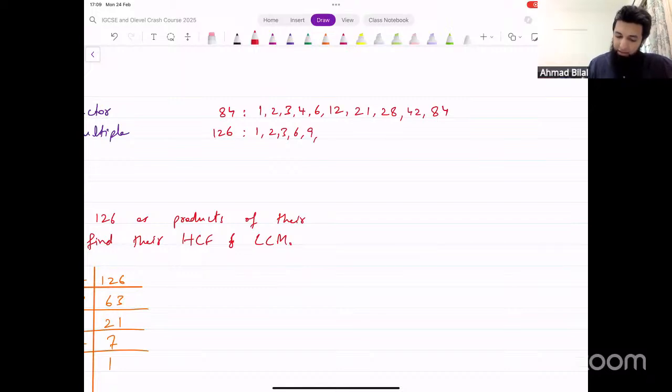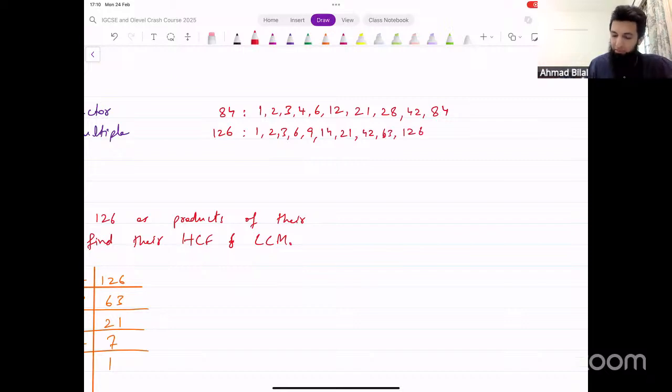And then 10, 11, 12, 13, 14. 9 times 14, yeah, so 14 is also a factor. And then 126 over 6, that is 21. And then 126 over 3, that will be 42. And then 126 over 2, that is 63, and then 126.